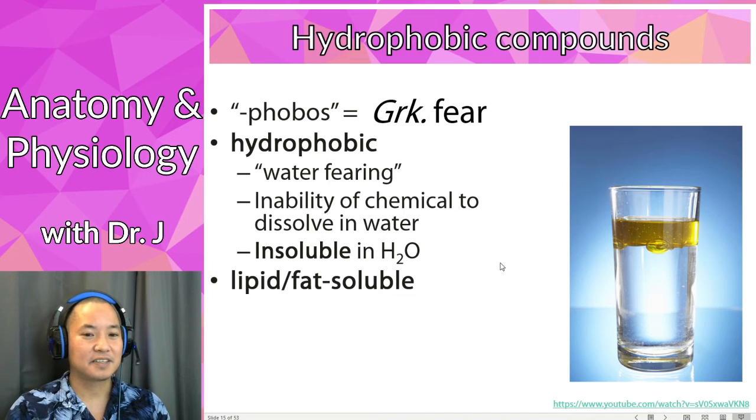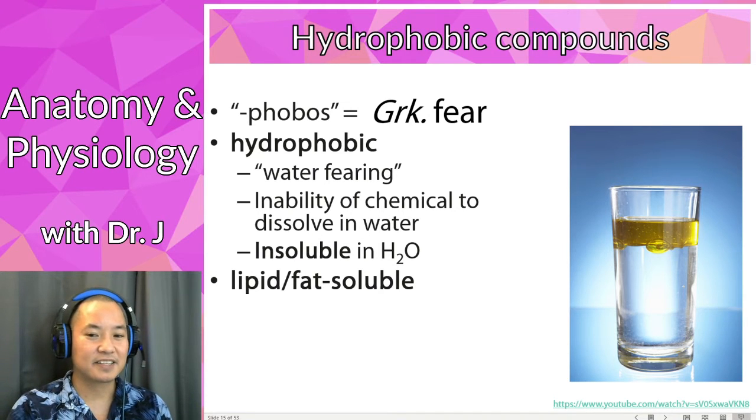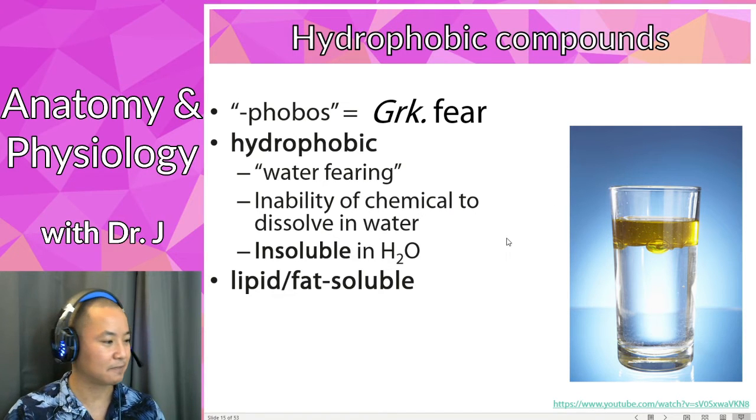So when we talk about something that is lipid or fat soluble, that means that instead of dissolving in water, it likes to dissolve in fat. So in general, hydrophobic compounds tend to be lipid and fat soluble, with slight differences in definitions. If you had to dissolve them in either oil or water, hydrophobic compounds would be more likely to dissolve in this hydrophobic part right here.